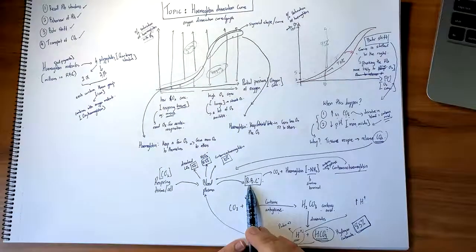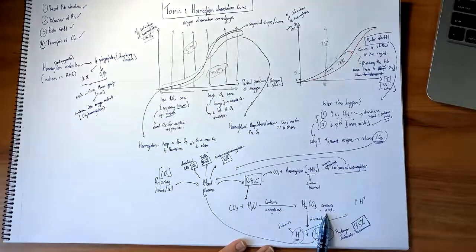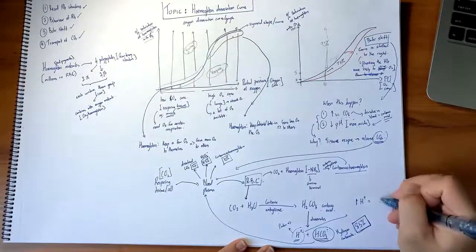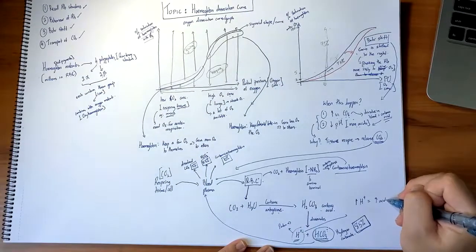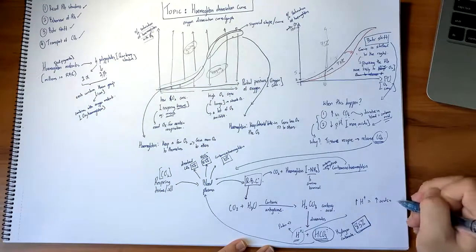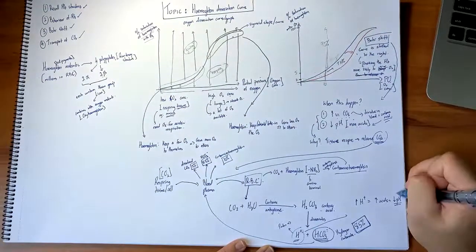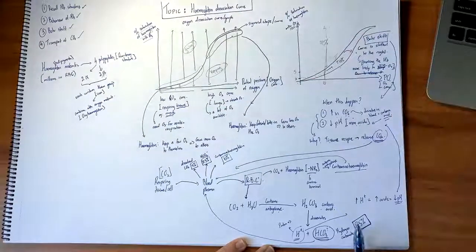Right, so if you see here, red blood cell, CO2 dissociates into carbonic acid, and they also produce the proton, the H plus hydrogen ions. So as you know, more H plus will lead to more acidic, and more acidic will lead to a decrease in pH, and that leads to the Bohr shift.